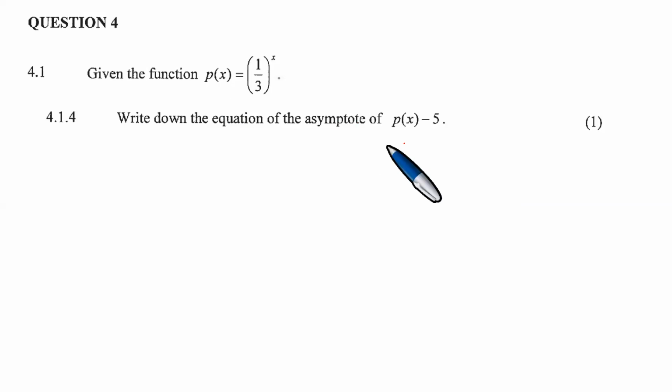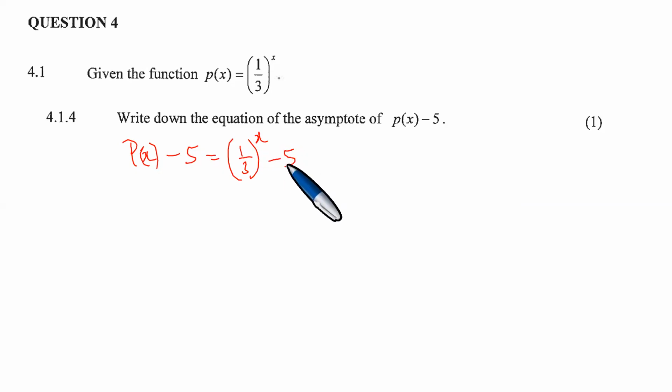We're going to look at P of x minus 5, which is the same as 1/3 to the power x, minus 5. Rather, what is the equation of the asymptote of this?